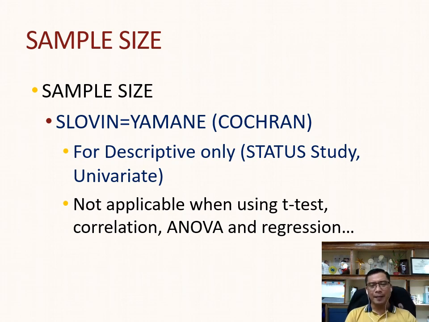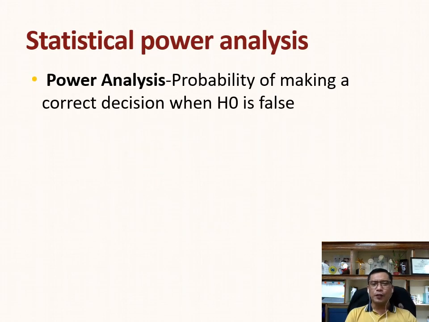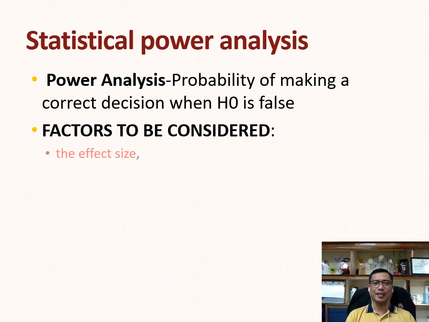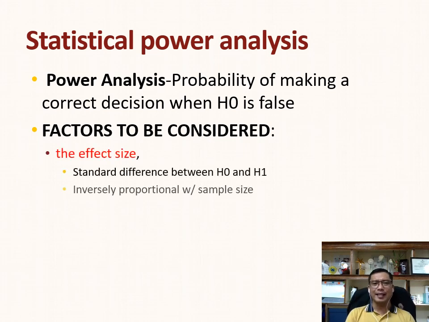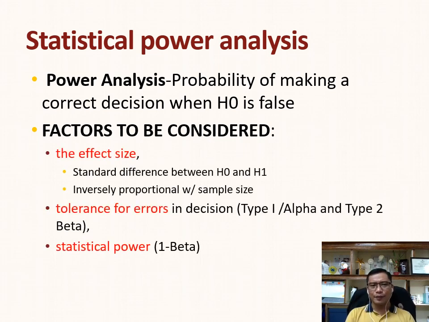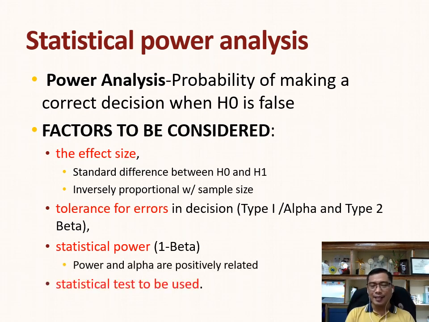But other than that, if you have a hypothesis, then definitely you should not be using Slovin's as a justification for arriving at a certain sample size. What you should be doing, however, is statistical power analysis. So it's just a matter of combining many factors, like the effect size, the tolerance for errors, the statistical power, and the test that you would be using.